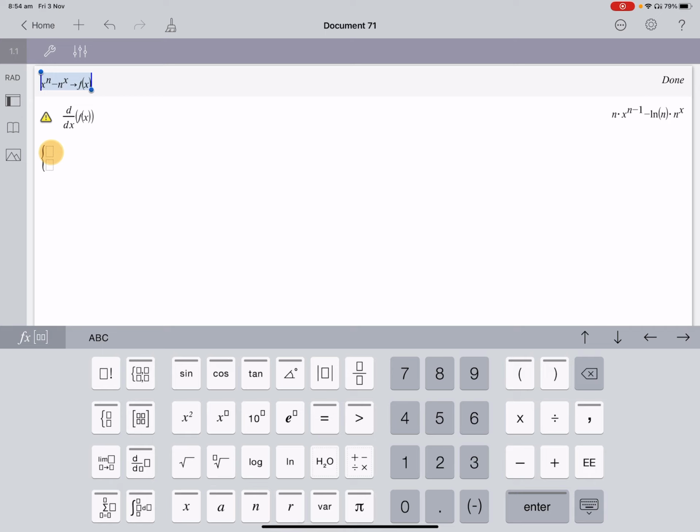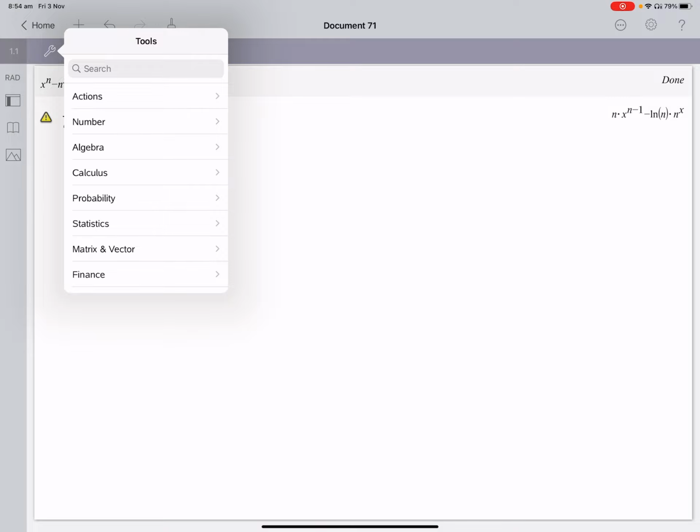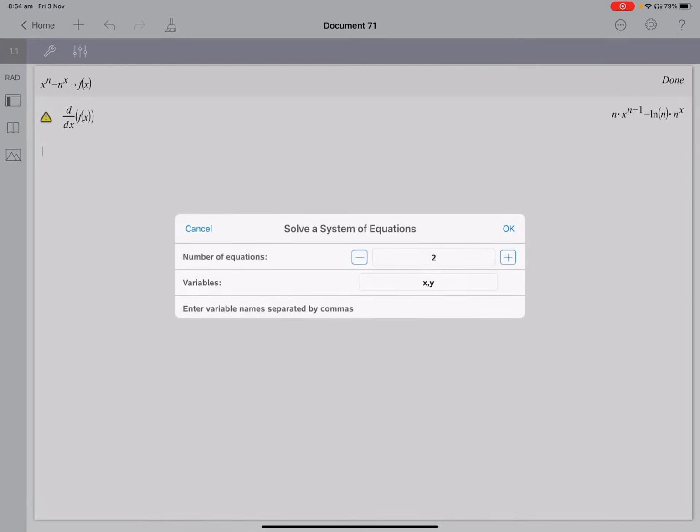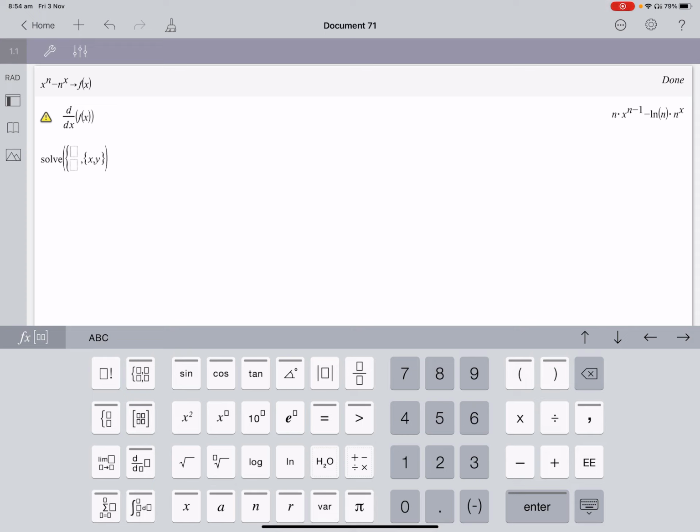So we know f of x. Oh, is that simultaneous? Menu, algebra, solve system of equations. Okay, so we know f of x equals 0. And we know d dx of f of x equals 0. And we want to solve for x and n.